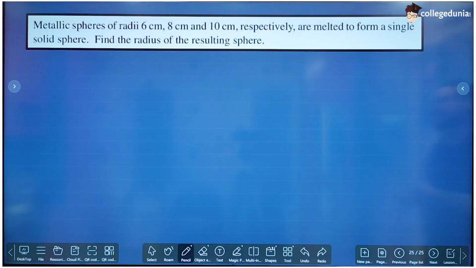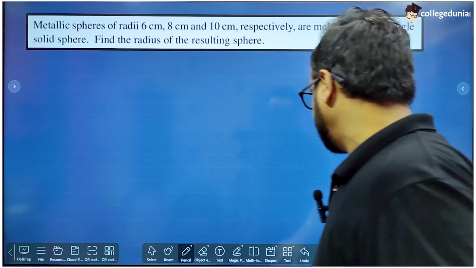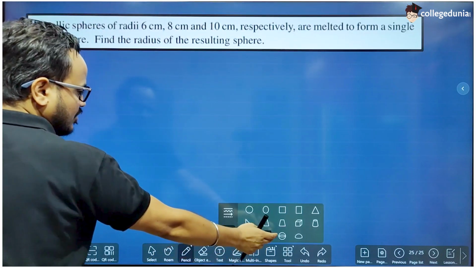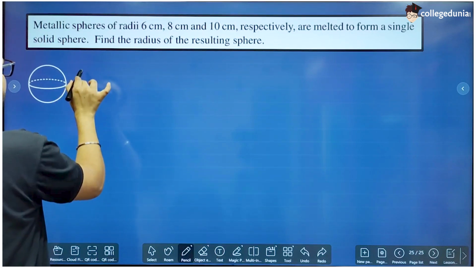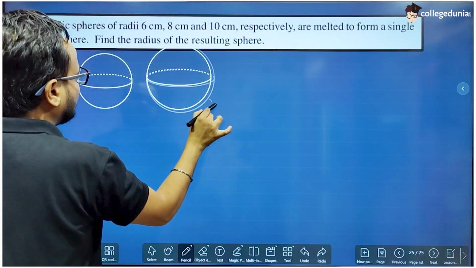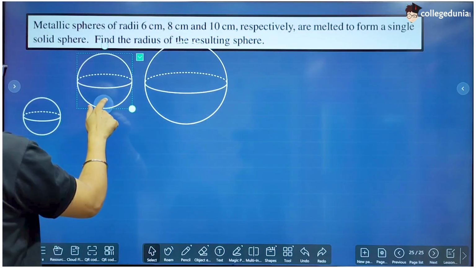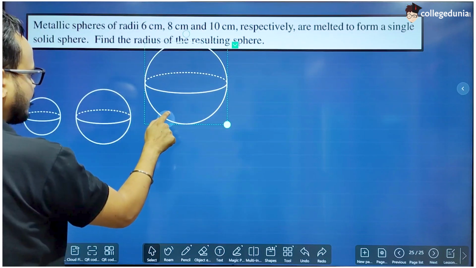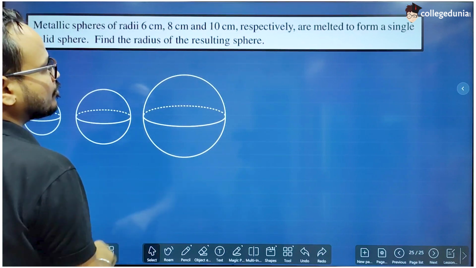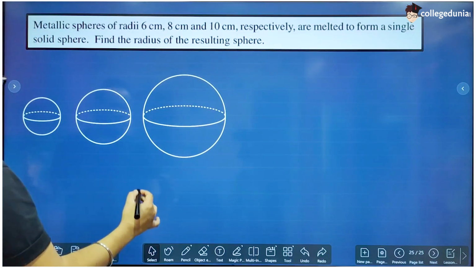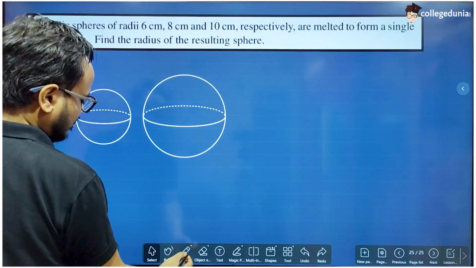Metallic spheres of radii 6 centimeter, 8 centimeter and 10 centimeter are melted to form a single solid sphere.